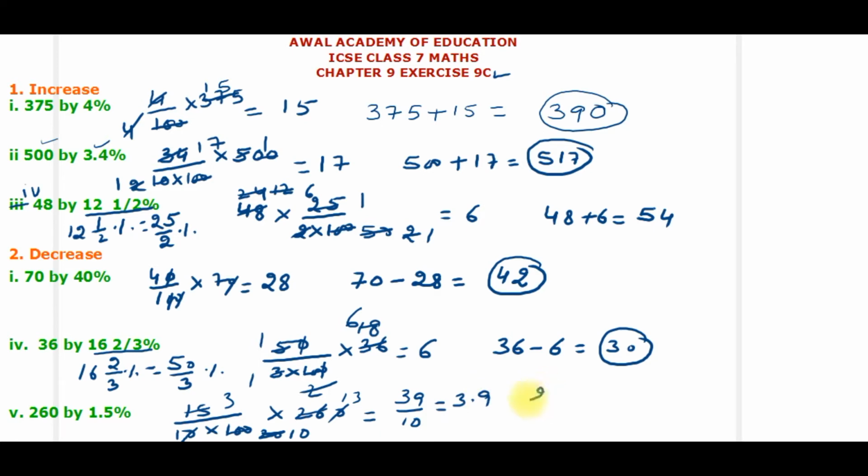So after deduction, 260 minus 3.9, we will perform the subtraction here. So our answer would be 256.1. Right, students? So these were your question 1 and 2.